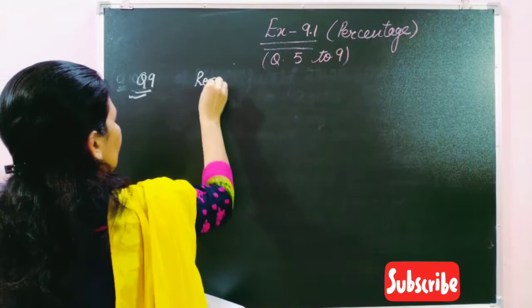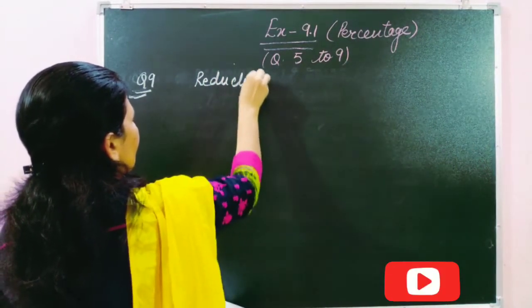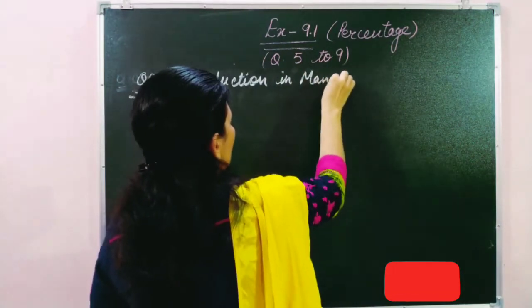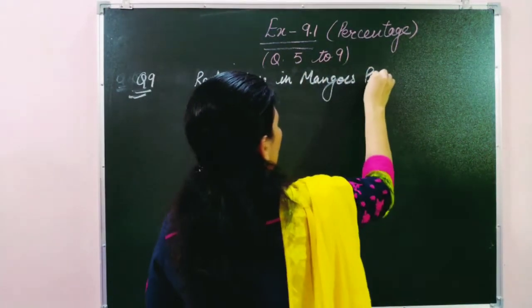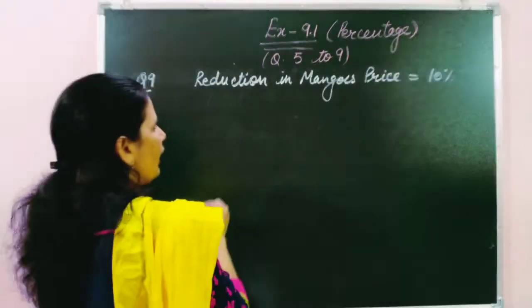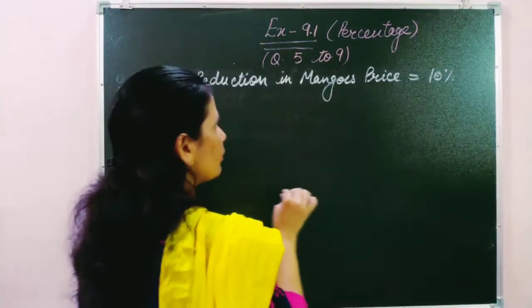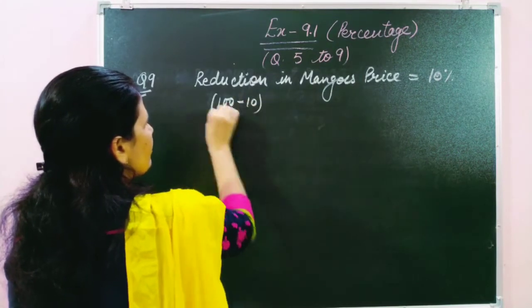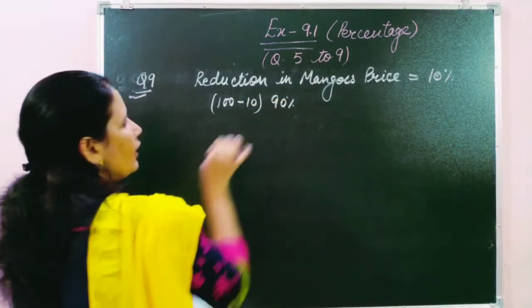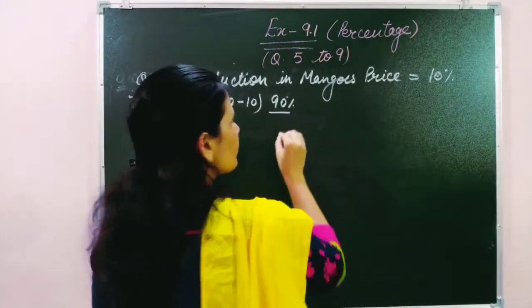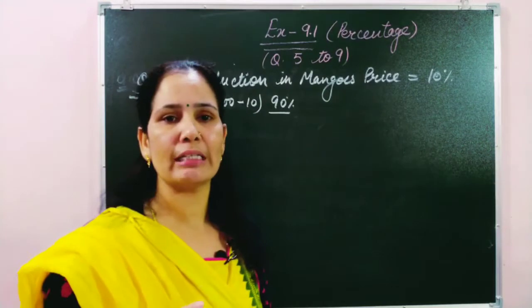First thing, they have given a reduction in price, a reduction in the mangoes' price, that is 10%. Okay, if the reduction is 10%, how much percentage remains? 100 minus 10, that means 90%. So 90% of the mangoes' price is what they have given, 360.